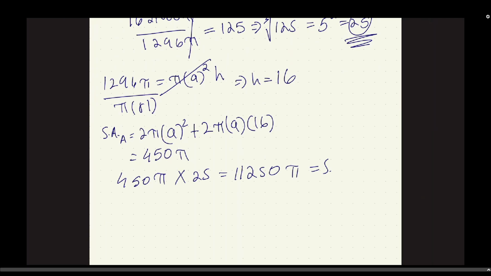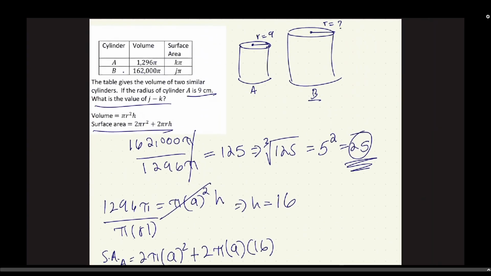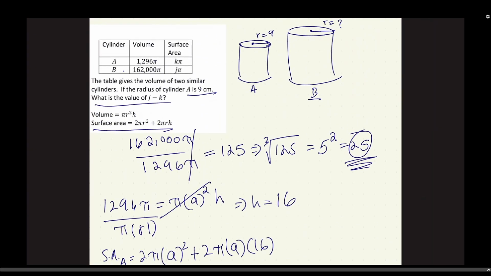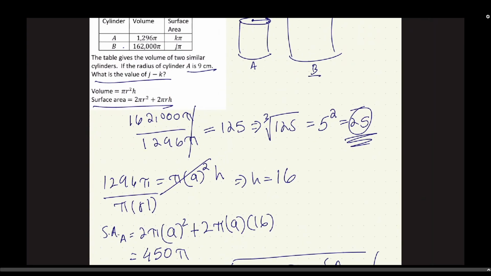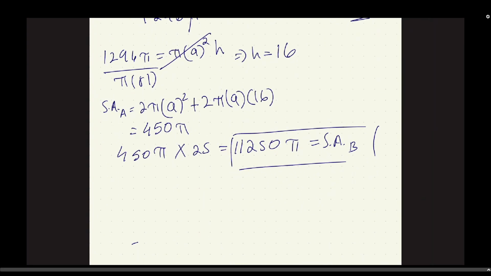So this is the surface area of cylinder B. Now that we know it, we can find the difference between these two surface areas. Since J is the bigger value, we can subtract 11,250 pi minus 450 pi. And after subtracting these two values, we get 10,800 pi.